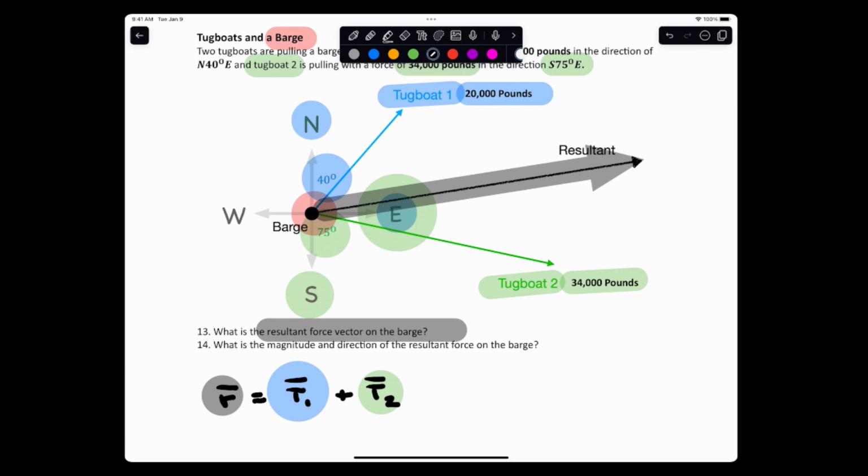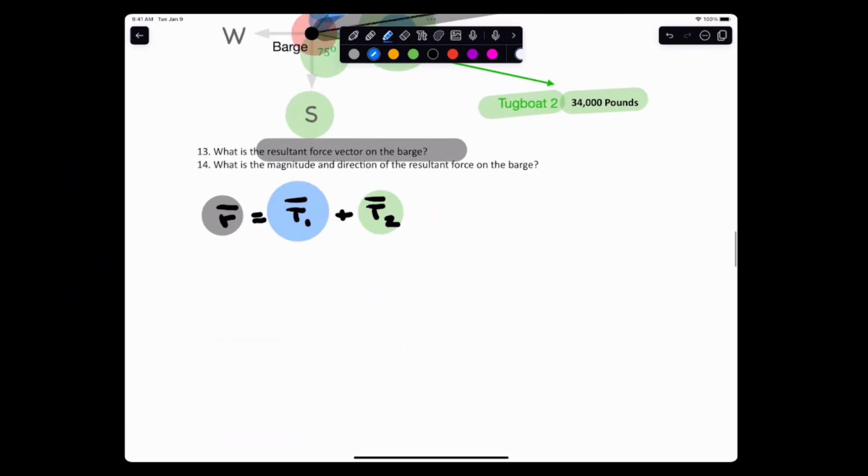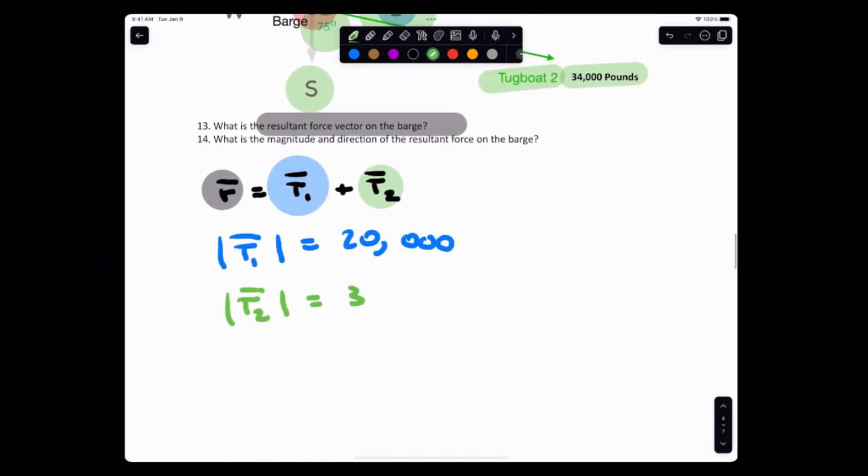All right, you guys okay with that? Now let's dive deep here into this. Let's get some information. Tugboat 1, the blue vector, when they tell you, for example, that this is 20,000 pounds, tugboat 1 looks like this. 20,000. Tugboat 2 now is 34,000 pounds.